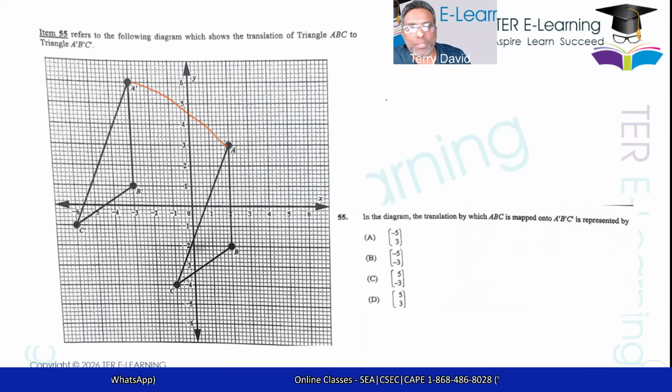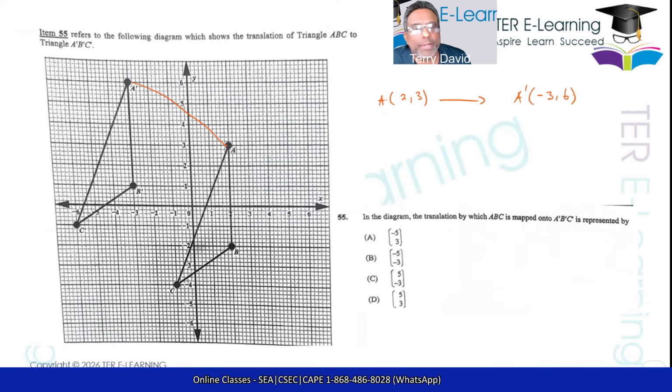So first of all, what we can do, we can use the points if you want. So A is actually 2, 3. And that maps on to A prime, which is minus 3, 6. Yeah, right?